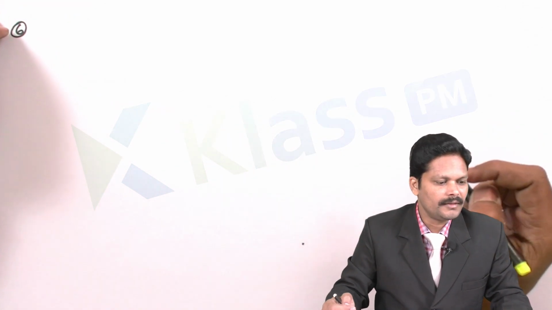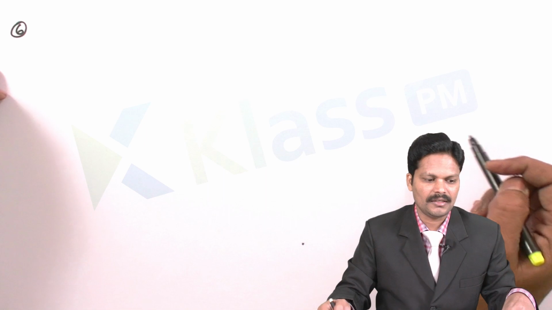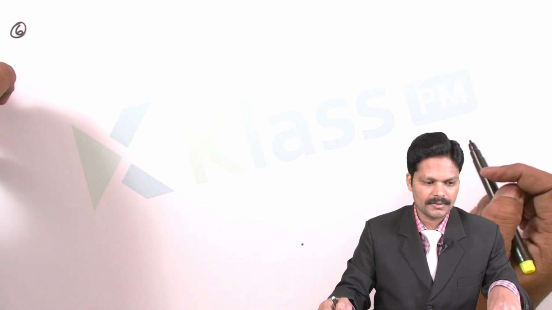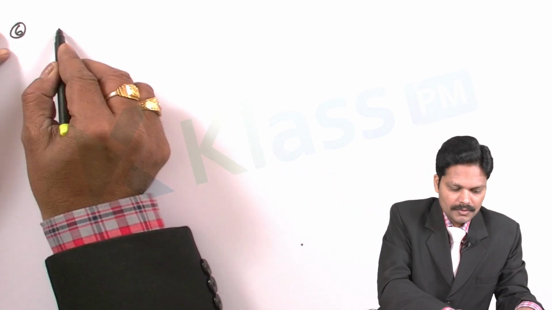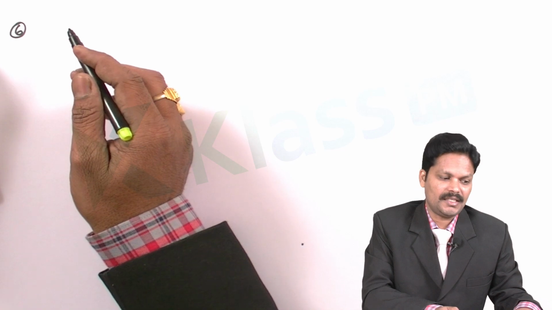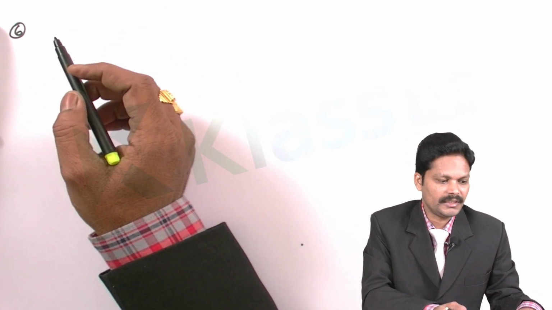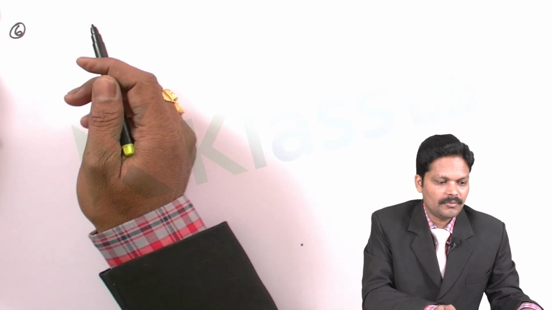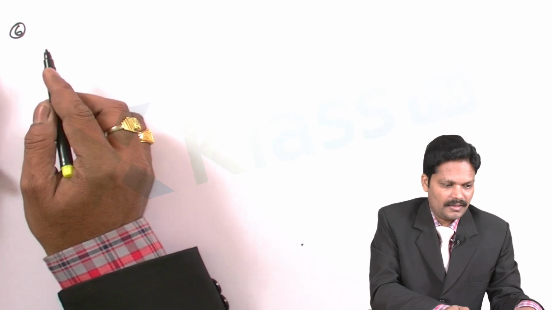We have the following table, which gives the production yield per hectare of wheat of 100 farmers of a village. Here the production yield 50 to 80 is given, and the number of farmers 2 to 38. Change the distribution to the more than cumulative frequency distribution and draw the OGIVE, he is asking.